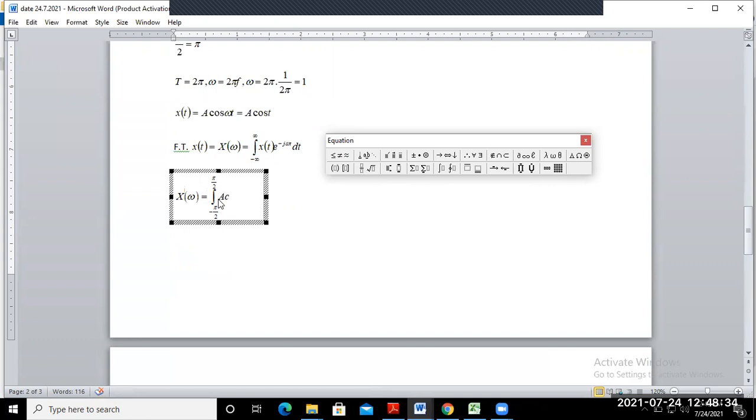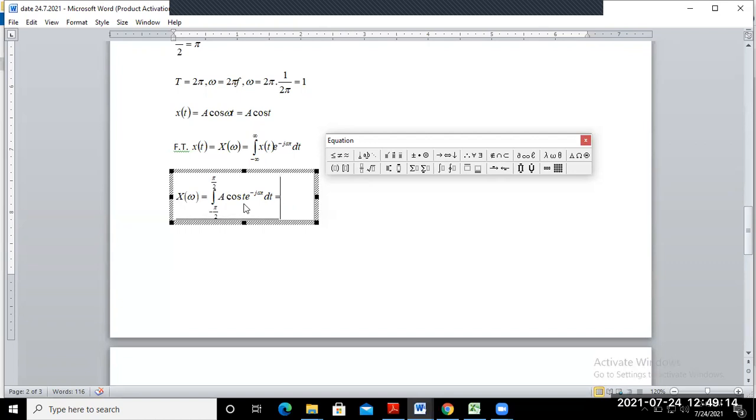So just put here A cos t into e to the power minus j omega t dt. Okay, so this constant term A can be taken outside of the integration, you know.